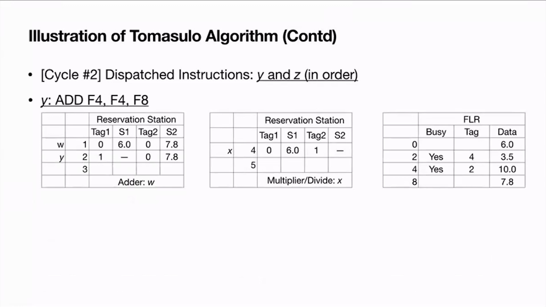Let us consider 2 is the next free entry, and we take that entry for storing this add instruction. But now the first operand is F4. When I go to the FLR, it says that the value is not the correct up-to-date copy, and it's going to be produced by an instruction sitting in a reservation station, right?